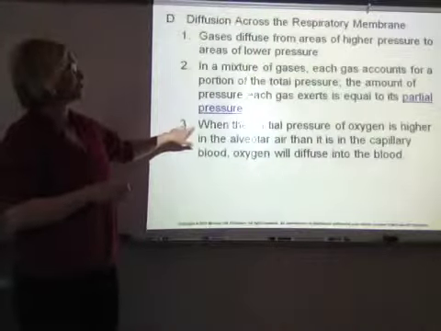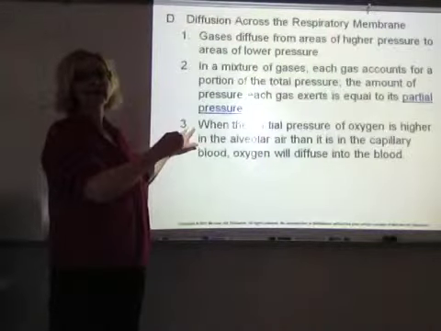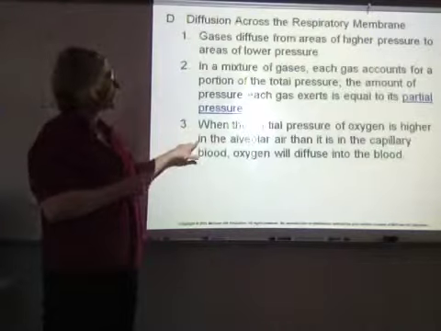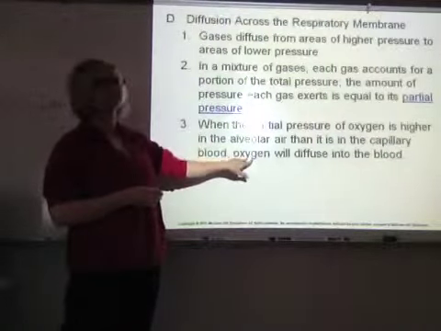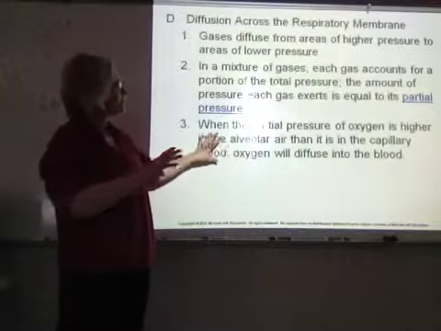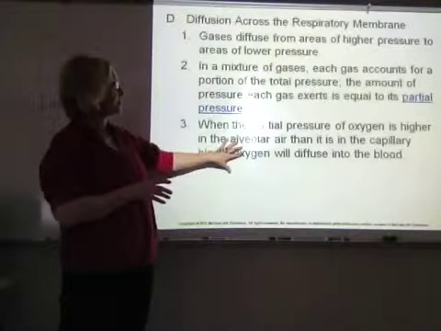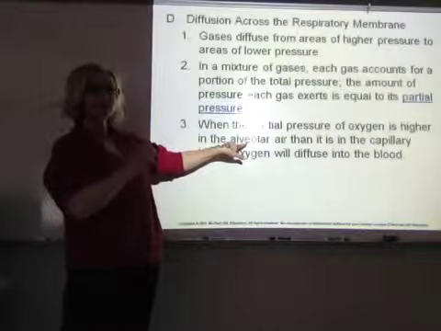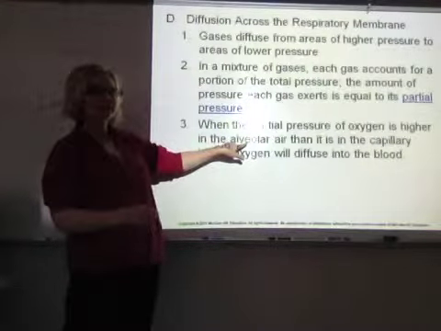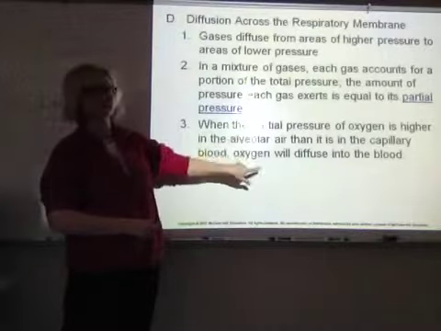When the partial pressure of specifically oxygen is higher than in the capillaries, oxygen will diffuse into the blood. So when I get to that respiratory membrane, if my oxygen concentration is higher in my lungs than in my blood, it's going to go from higher to lower.